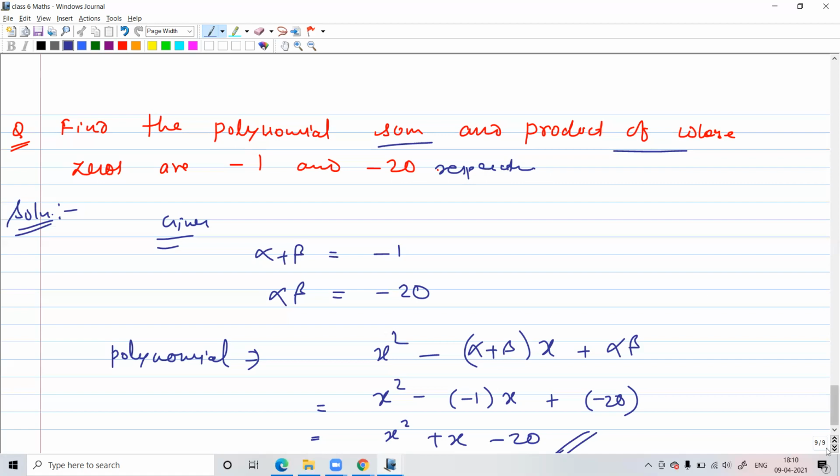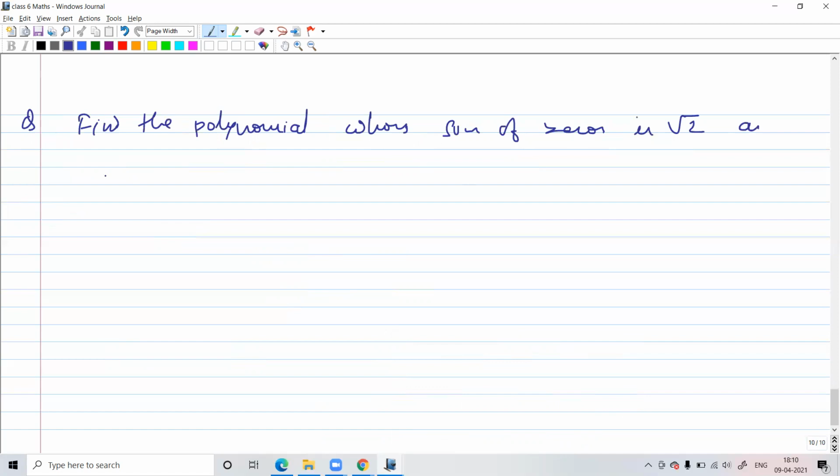Okay, very quickly, one more question. Find the polynomial whose sum of zeros is root 2 and product of zeros is minus 12.